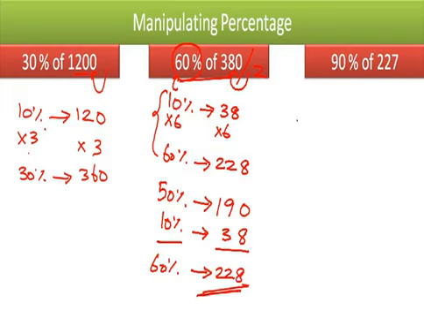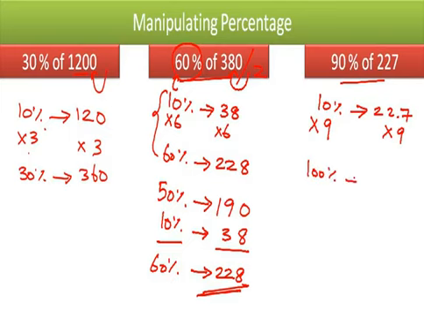That's it. Coming to this question, 90% of 227. As usual, what is 10% of 227? 22.7. Now to find out 90%, what are we supposed to do? We need to times it with 9 on both these sides. So it's going to be a bit long process. Instead of this, what trick can we use? What is 100% of 227?